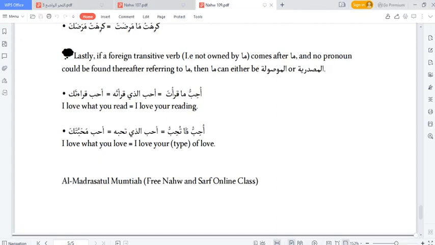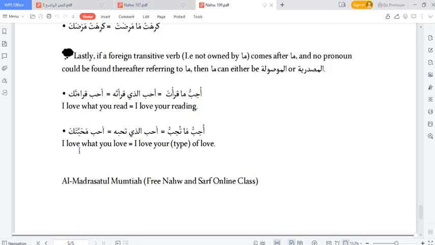So definitely by adding this hu, the ma becomes mausula. Or we can say uhibbu ma tuhibbu, I love that you love, it would be uhibbu mahabbatak, I love your type of love. So here in this context, the ma will be ma masdariya.